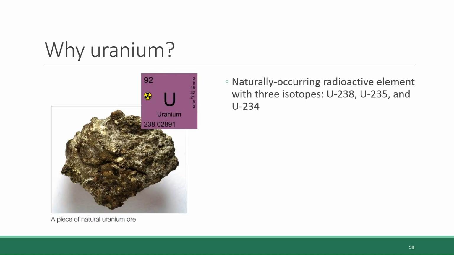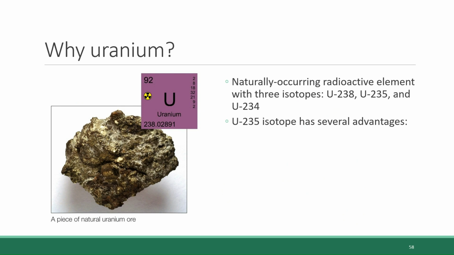Uranium is a naturally occurring radioactive element that is found in the Earth's crust. It has three isotopes. And remember, isotopes are variants of an element that have different masses because they have different numbers of neutrons. So there's uranium 238, meaning a mass of 238, uranium 235, and uranium 234.